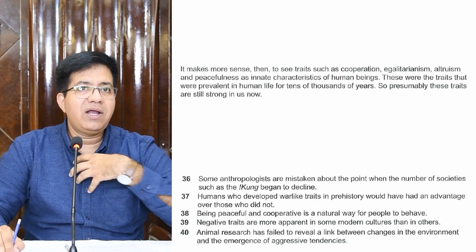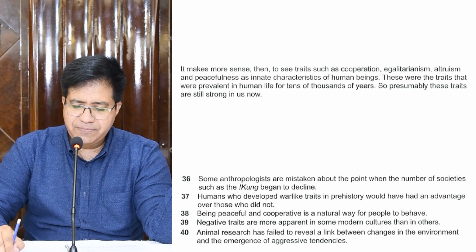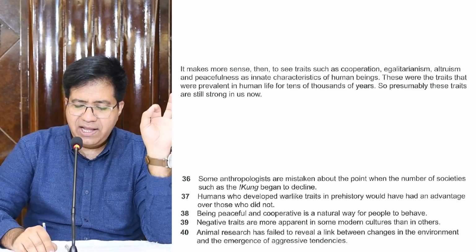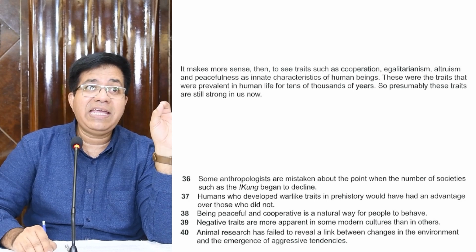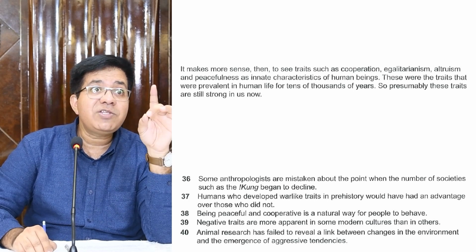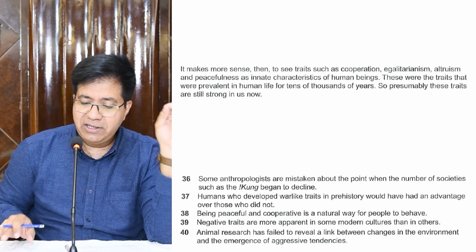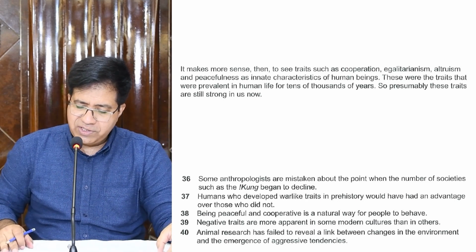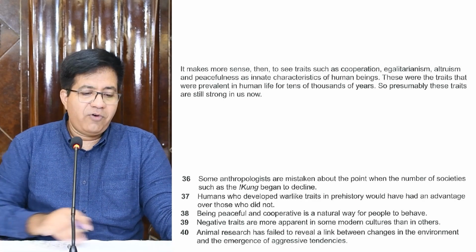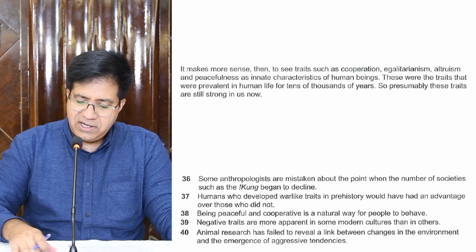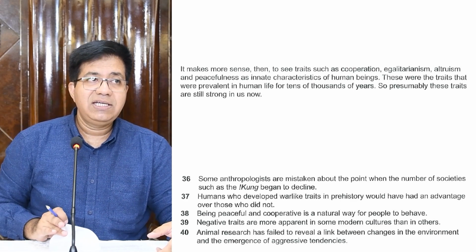One is selfish, one is selfless. Altruism and peacefulness as innate characteristics. What do you mean by innate? Innate means natural, inborn. What's the question? Being peaceful and cooperative is a natural way. For natural way, they use the word innate characteristics. So the answer is yes.